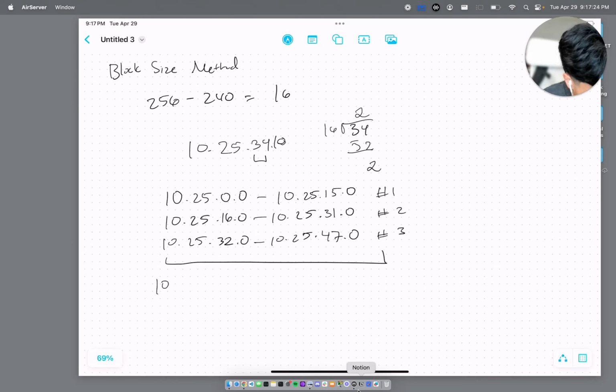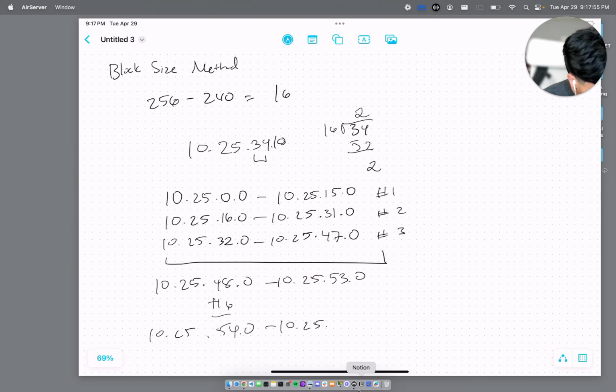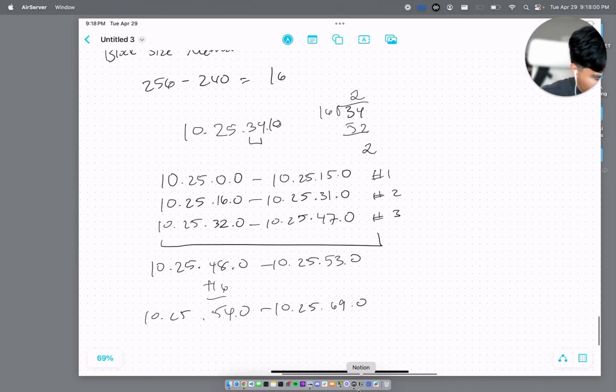And then the next one that follows is just going to be 10.25.48.0, up to 10.25.63.0. So it's going to be in this one, right?